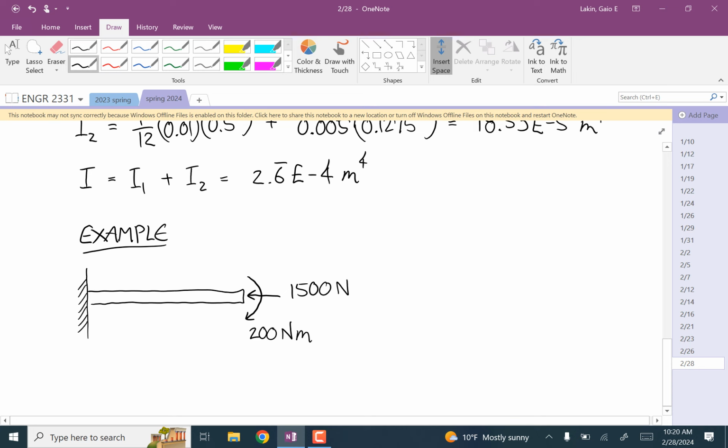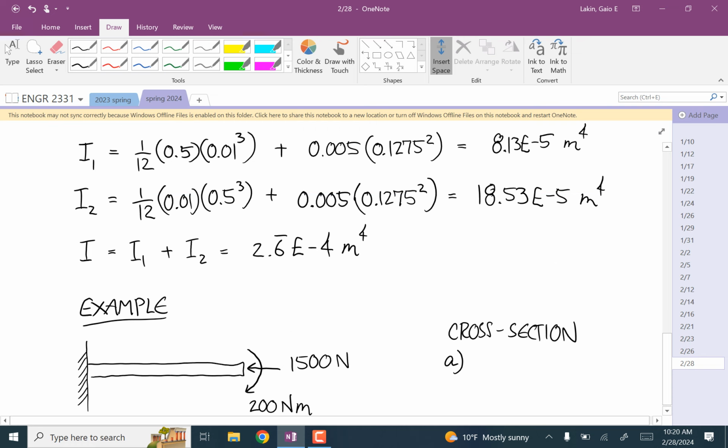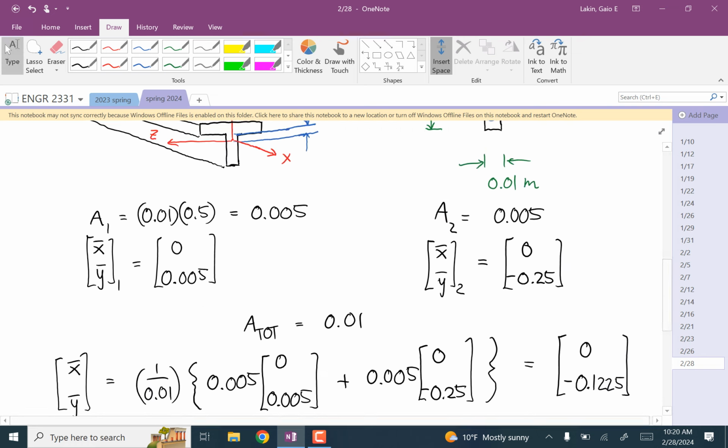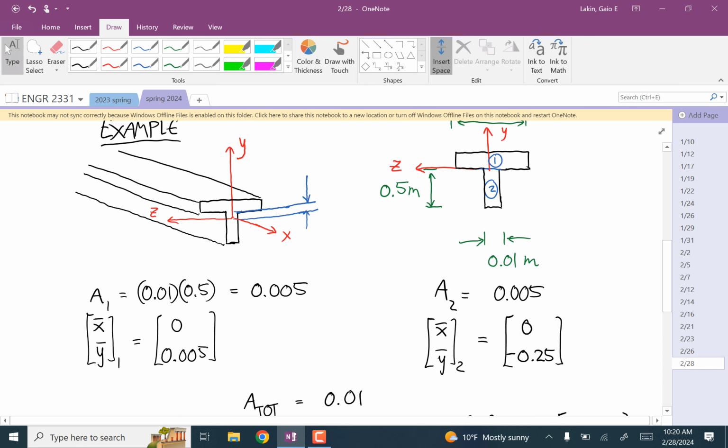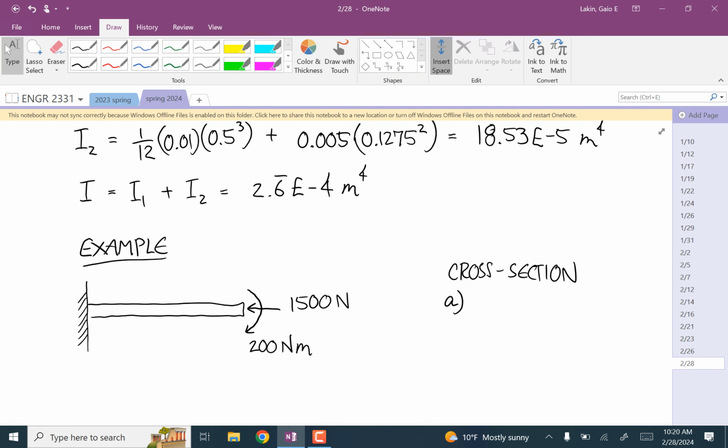And for the cross sections, we're going to first do this problem with this as a square cross section, and let's say that it has the same area as this one. Okay, so the total area is 0.01.